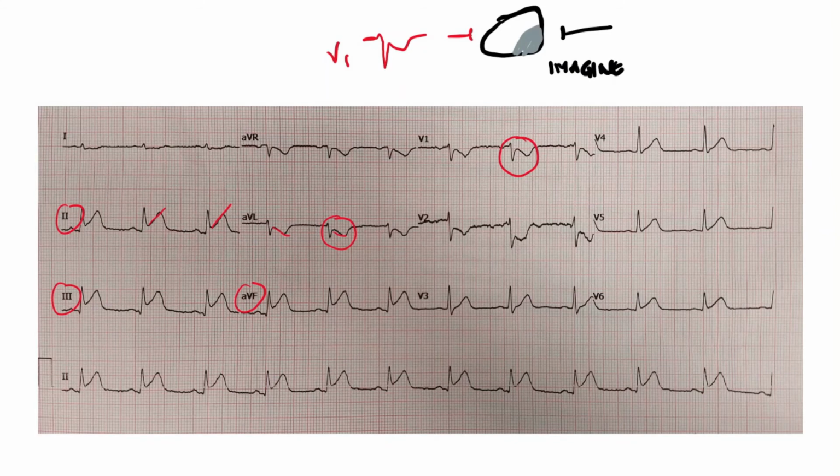So, in reality, this is a posterior STEMI, which we can see over here as ST segment depression in V1. So collectively, this is in the inferior region and in the posterior region. So we call this an inferior posterior STEMI.